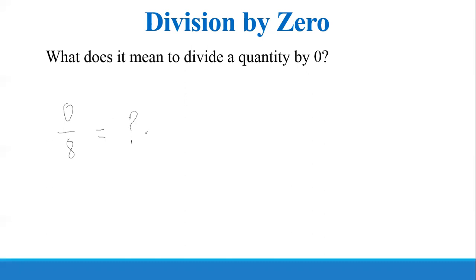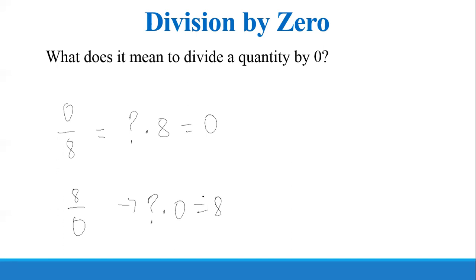Something times 8 is equal to 0. We can infer that the unknown must be 0, since that is the only number that will give a result of 0 when multiplied by 8. Now, let us consider the reciprocal of 0 over 8, which is 8 over 0. If we rewrite this as a multiplication problem, this doesn't make any sense.